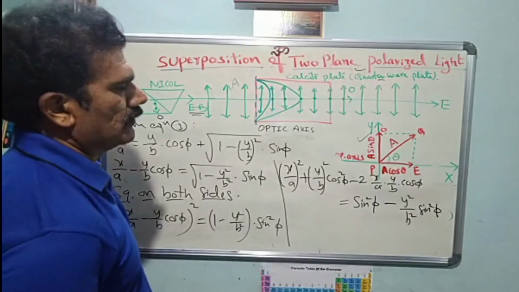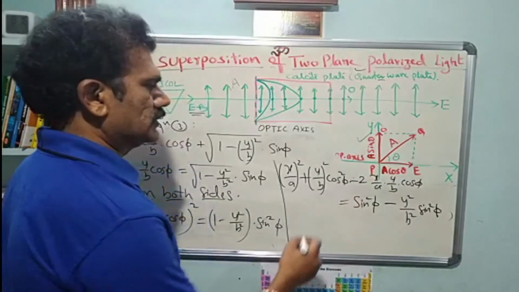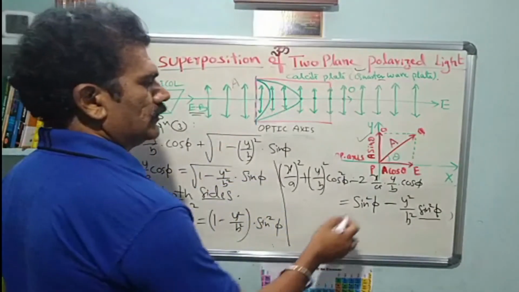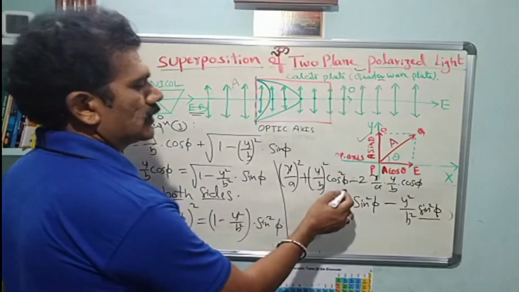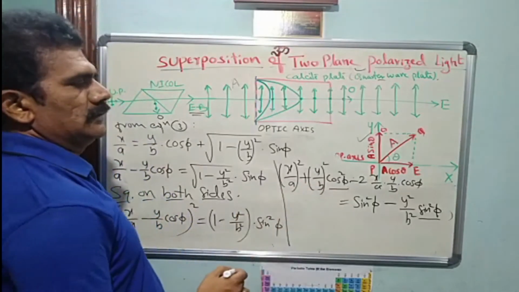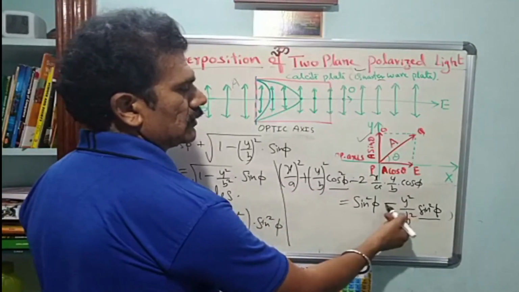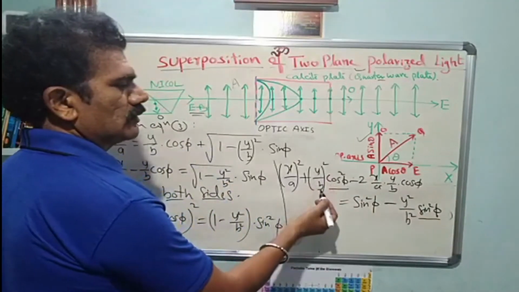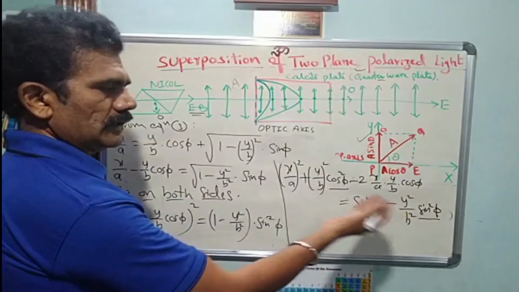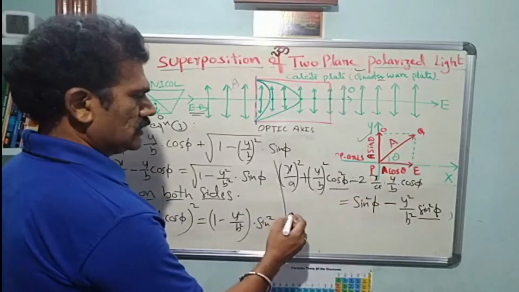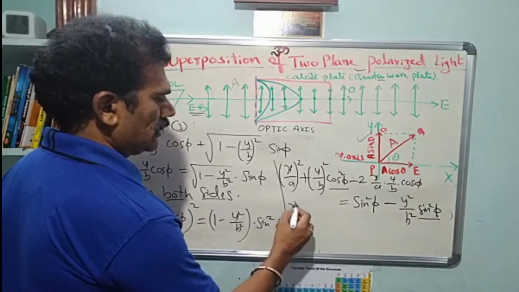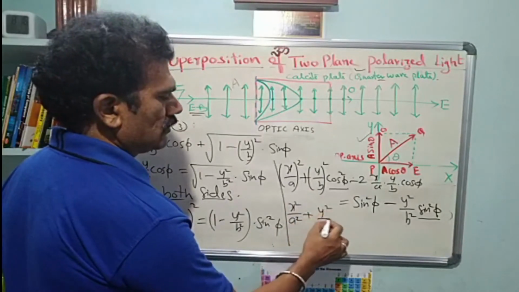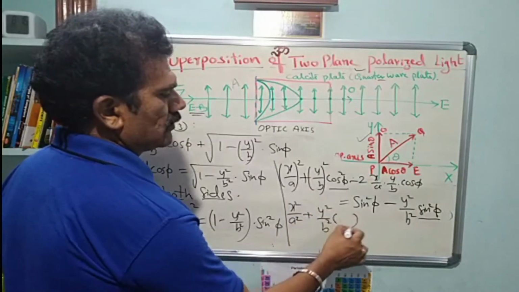Okay. Now, what is the next simplification? Look at the terms. We have sin square phi on the right hand side with a negative sign, and then cos square phi on the left hand side. So you take this minus y square by b square sin square phi, here also y square by b square into cos square phi. If you take them to one side, you will get the simplification. x square by a square, plus y square by b square, inside the bracket what you will get?